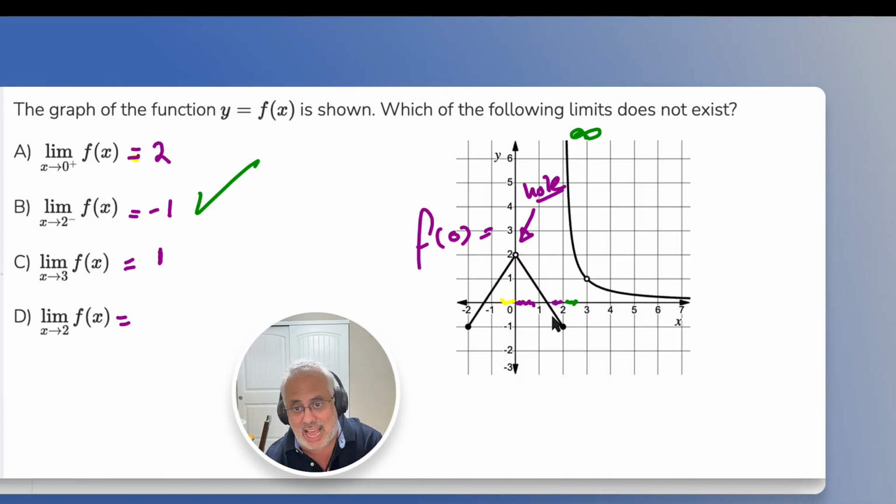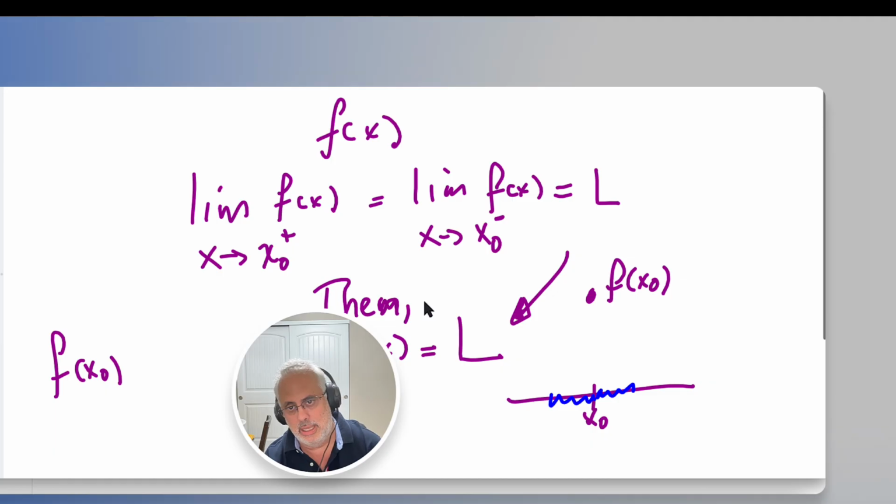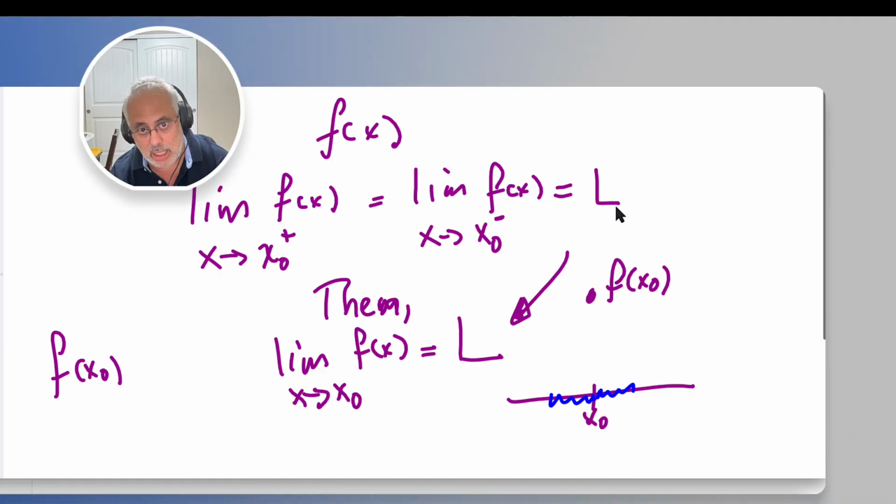So the left side limit is -1 and the right side limit is going to infinity. Because the two side limits are not the same, we cannot say what we said earlier today, that the limit exists, L, when the two side limits are the same.